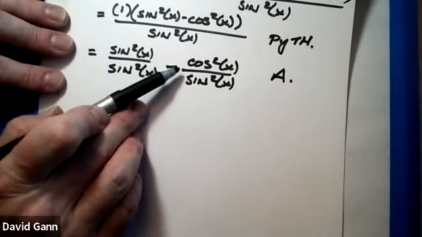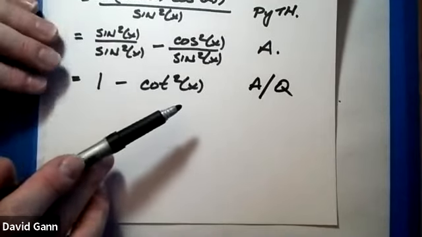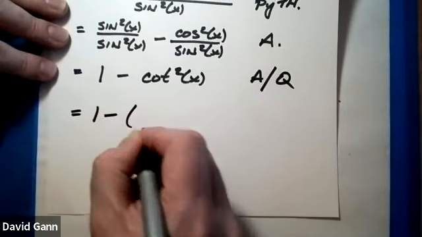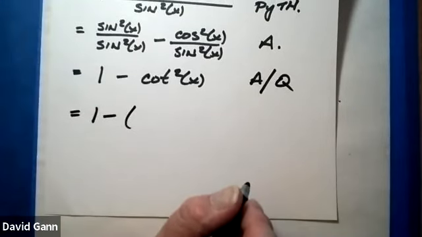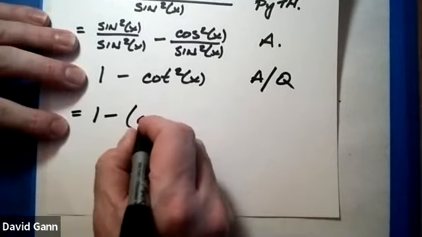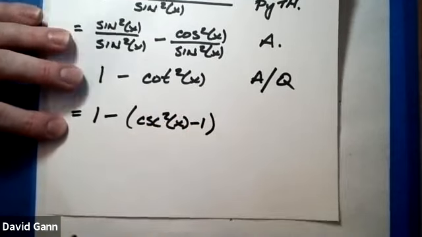And so let's use the third Pythagorean identity to convert cotangent to some version that involves cosecant. That's the thinking here. So this is going to be 1 minus, and remember, cotangent squared is actually cosecant squared minus 1. So I'm going to put that in parentheses just so I don't mess up the signs, right?